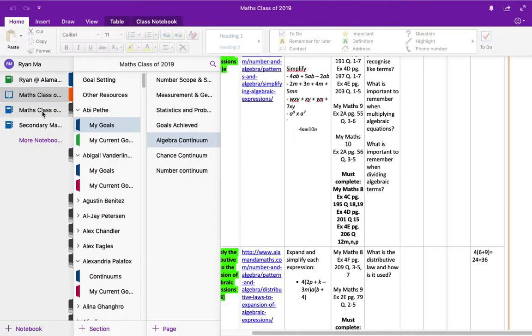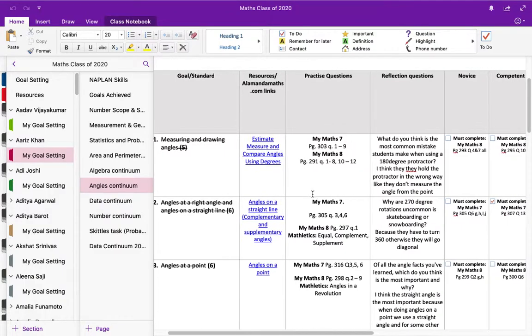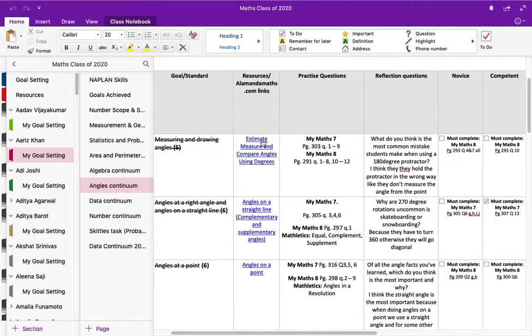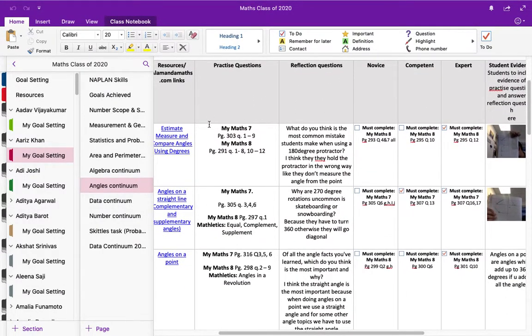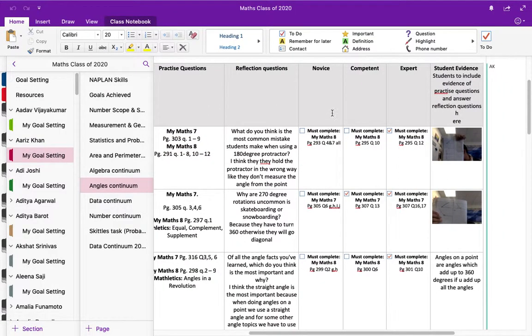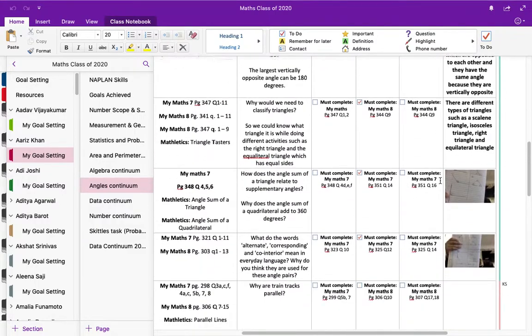If I show you an example of a year 8 student, if they go into their angles continuum, they've got the year 5 standards there, which once again they click into Alameda Maths as a resource to practice or learn the standard. They have practice questions they can do, with textbook questions from novice, to competent, to expert level. On top of that, students upload evidence there to demonstrate their understanding of that piece.